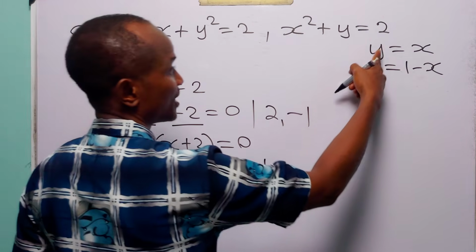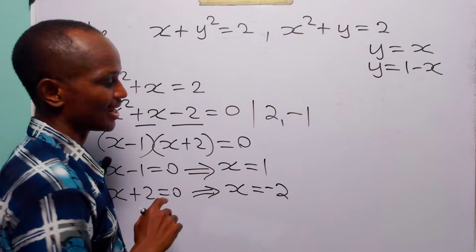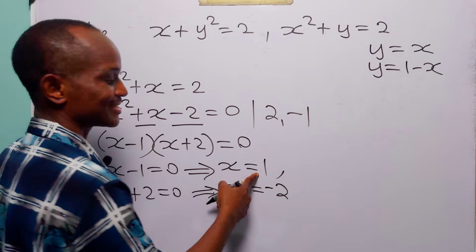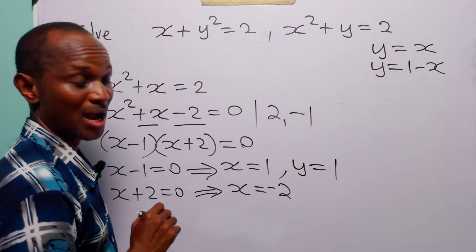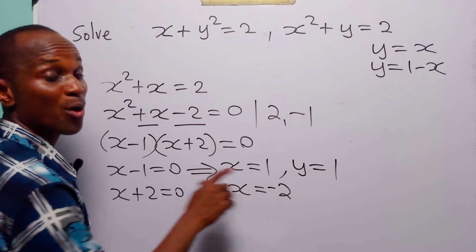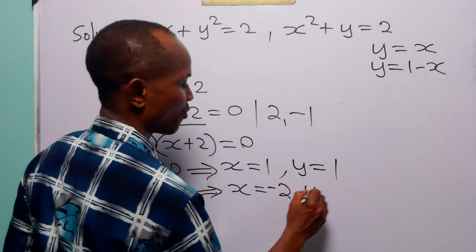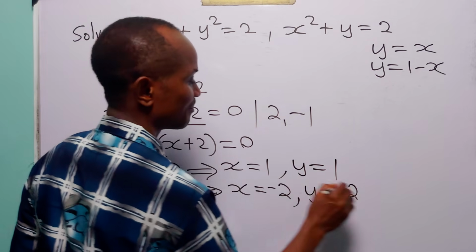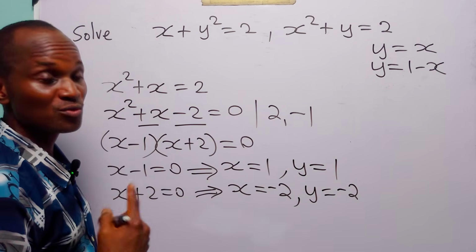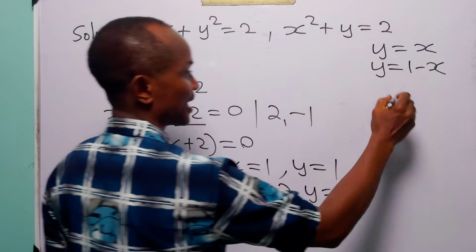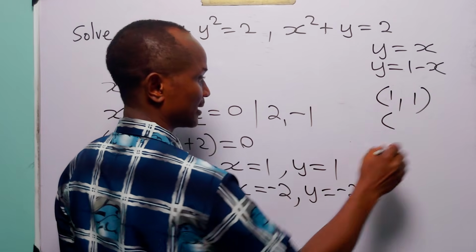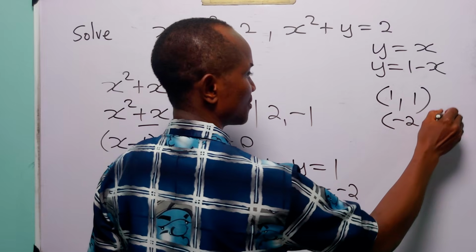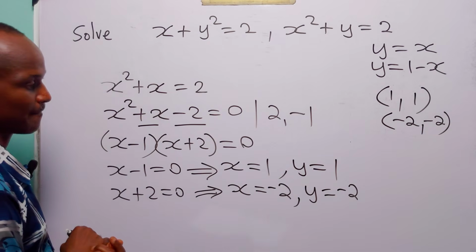Now, of course, we have that y is equal to x. That means that when x is equal to 1, y must be equal to 1. And when x is equal to minus 2, y must be equal to minus 2. So we have two pairs of points. We have the points (1, 1) and (minus 2, minus 2).